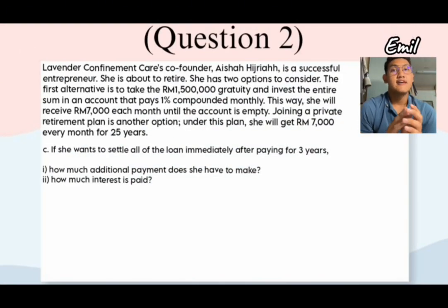If she wants to settle all of the loan immediately after paying for 3 years, how much additional payment does she have to make?